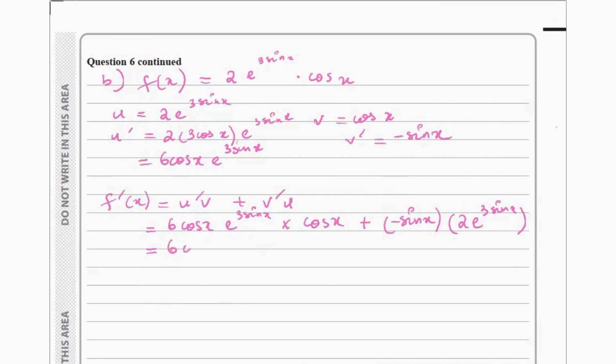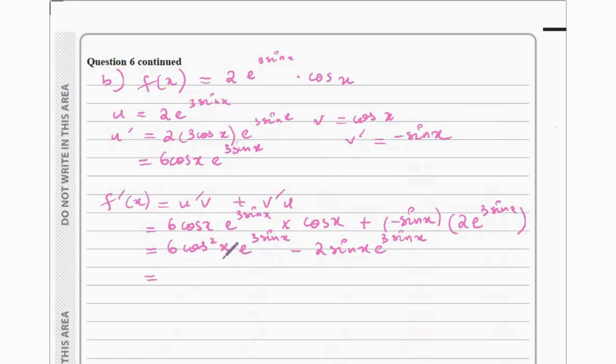That's going to be 6 cos squared x times e to the power of 3 sine x minus 2 sine x, times e to the power of 3 sine x.